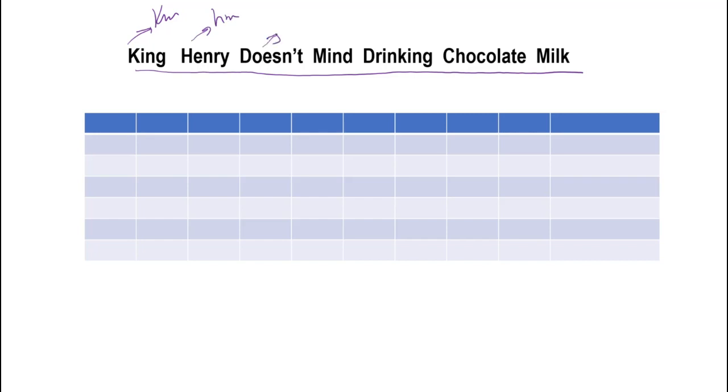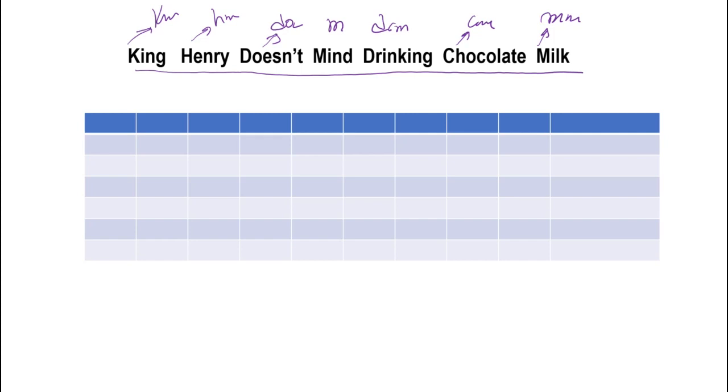Doesn't is decameter. Mind is the base unit, which is meters. Drinking is decimeter. And chocolate is centimeter. Milk, remember, is millimeter. So this is how we remember it: King Henry doesn't mind drinking chocolate milk.